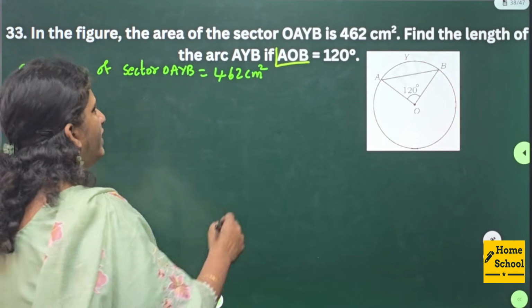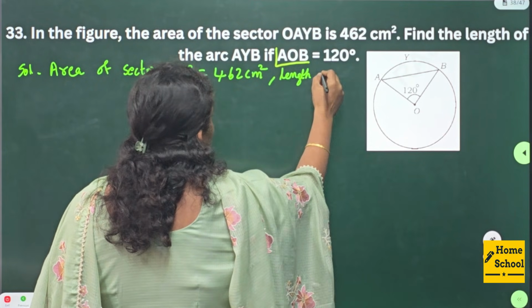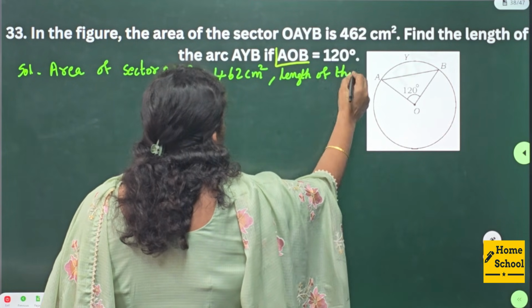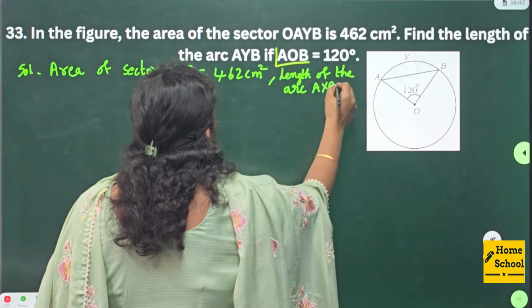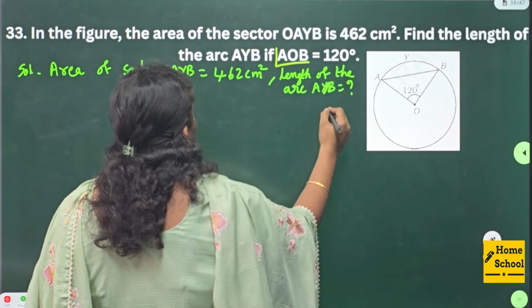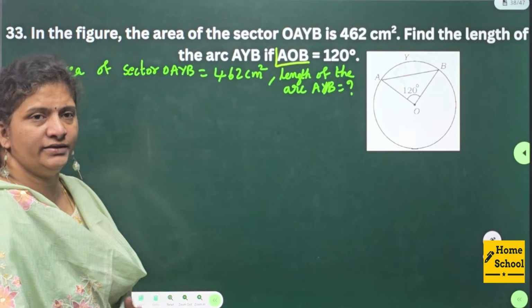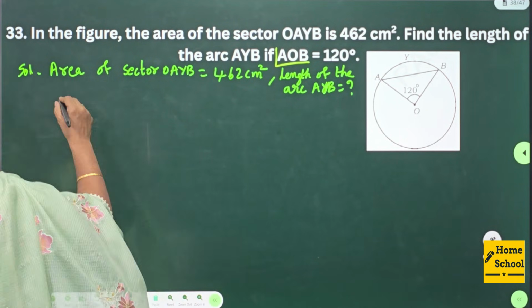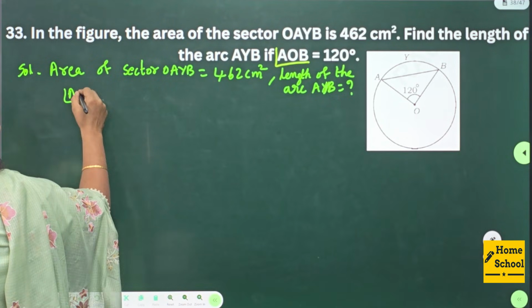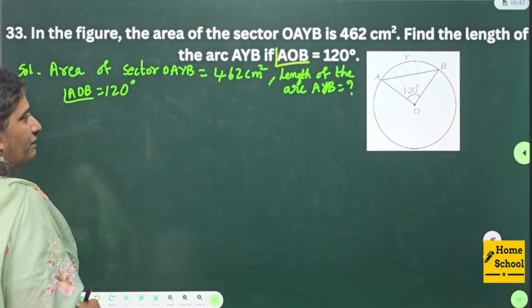Find the length of the arc. Length of the arc AYB is equal to question mark. Okay, this is your question. So, do you know radius? Don't know. But angle AOB given. What is that? Angle AOB is equal to 120 degree.